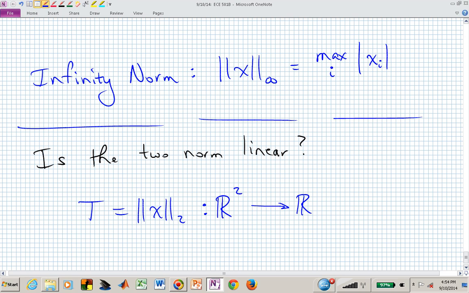So now think of the xy plane. You take any point in that plane and you calculate the distance from that point to the origin.